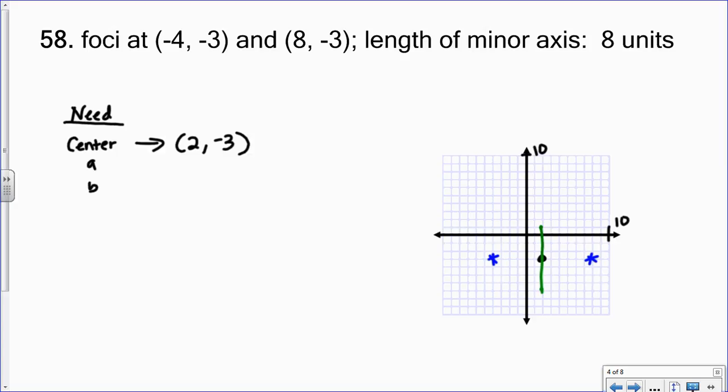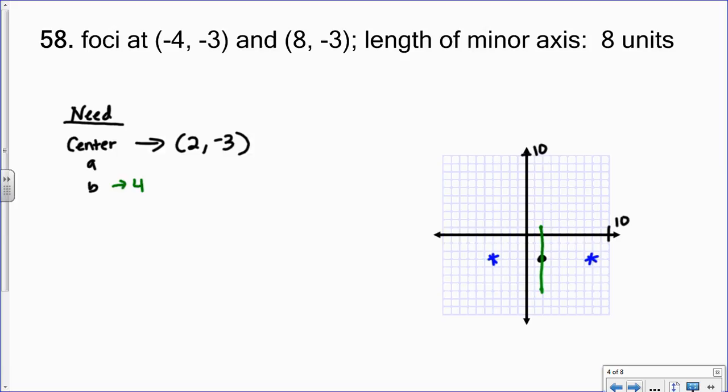It's shorter. The major axis is the one that has the foci on it too. I knew the foci were on the horizontal axis, so the minor axis had to be vertical. So that's going to give me B. B is the distance from the center to a vertical endpoint. The total length is 8, so B would be 4.